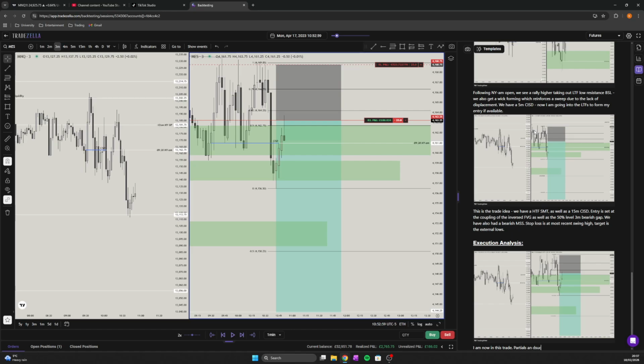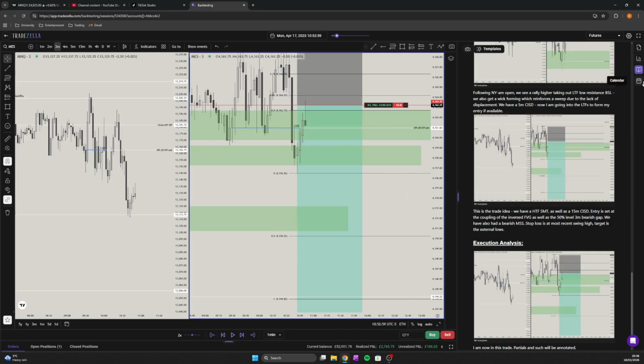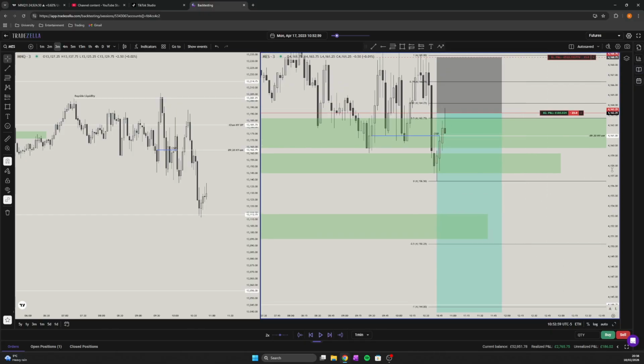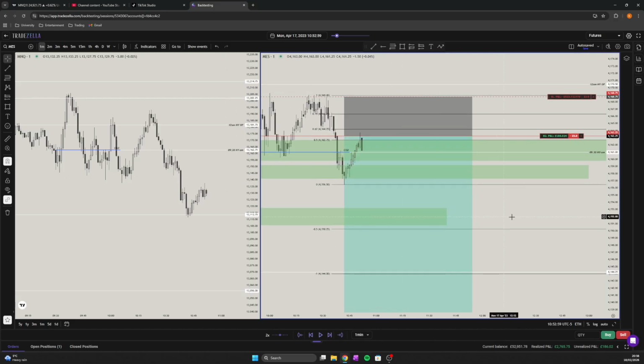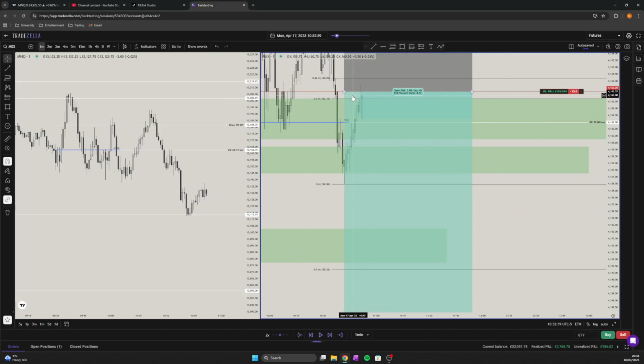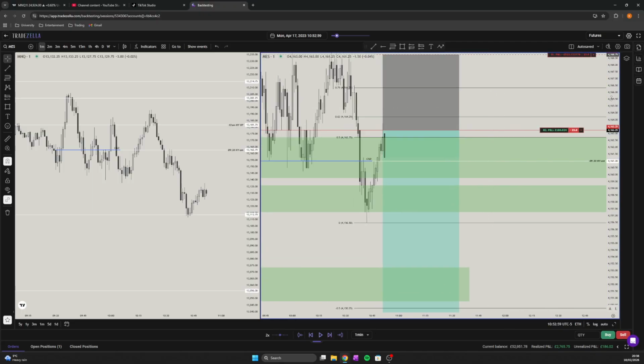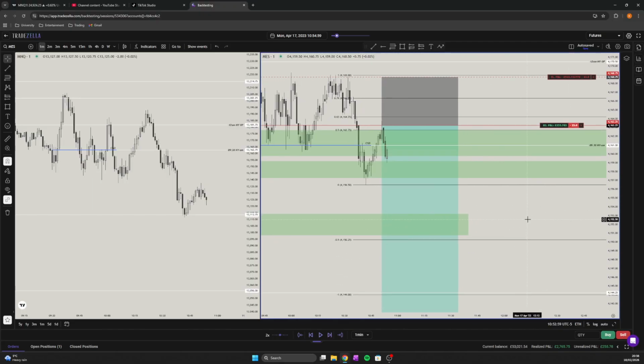Partials and such will be annotated. Ideally I'm going to take positions off as soon as this swing low gets broken. Let's just go on the 1 minute. We get entered right here. Cool beans. So let's see what price does.